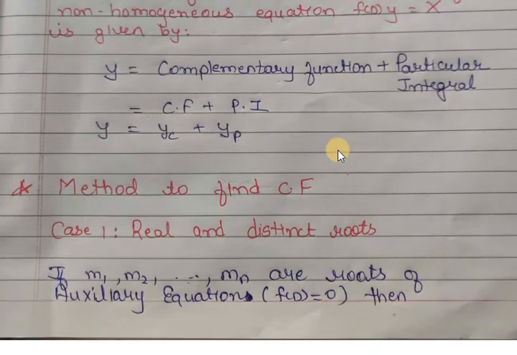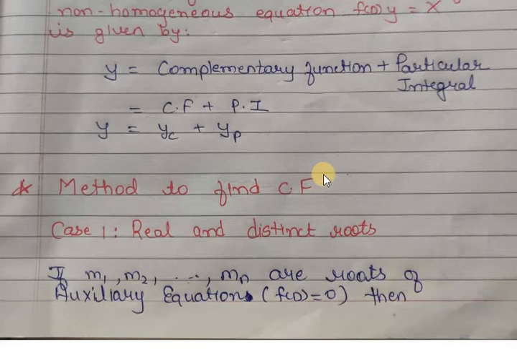So f(D) will be D square plus 3D plus 2 equal to 0. If we factorize this, D square plus 3D plus 2 equal to 0, then it will be (D plus 2) into (D plus 1) equal to 0. Therefore D plus 2 is equal to 0 or D plus 1 equal to 0. Therefore the values of D will be minus 2 and minus 1.